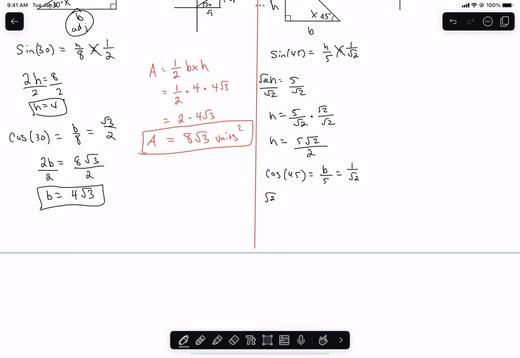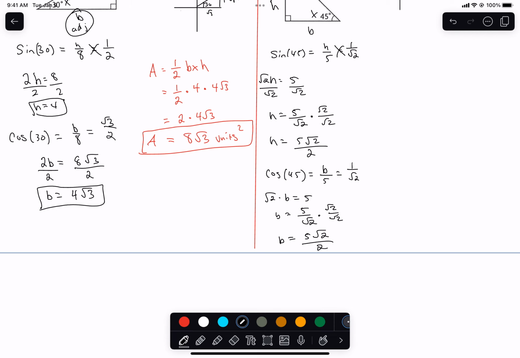So I get root 2 times b has to equal 5. So b has to equal 5 by root 2. It's the same work. So b is going to equal 5 root 2 by 2 when I go to rationalize. So I basically have the same thing twice here, and then we're going to see what that does to our answer.